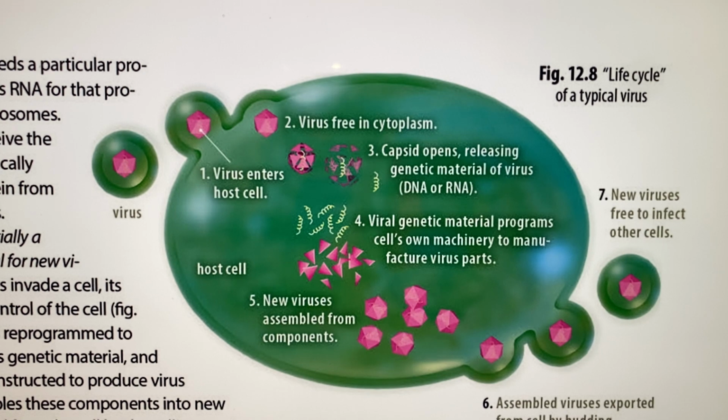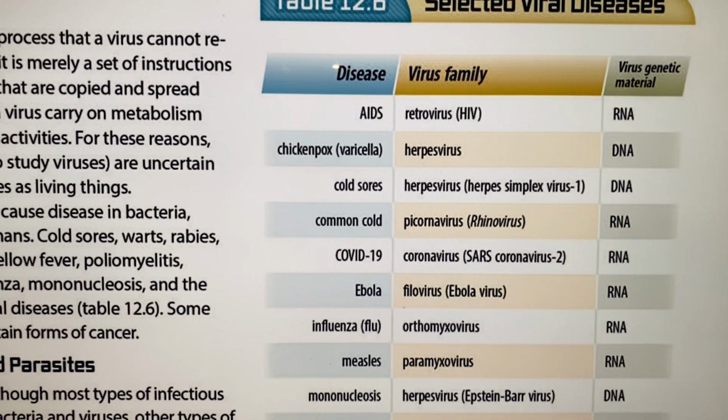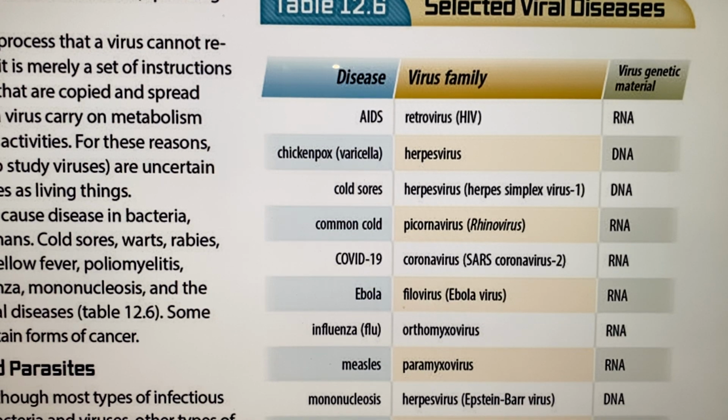So let's go on to the next. That's about the viruses, but let's go and finish this chapter. Let's go down here to the selected viruses. So here we go with our virus list. First we have the retrovirus HIV, and it uses the RNA, messenger RNA, and gets into the DNA. Chickenpox, the virus genetic material is DNA, its own DNA, and it's a herpes virus.